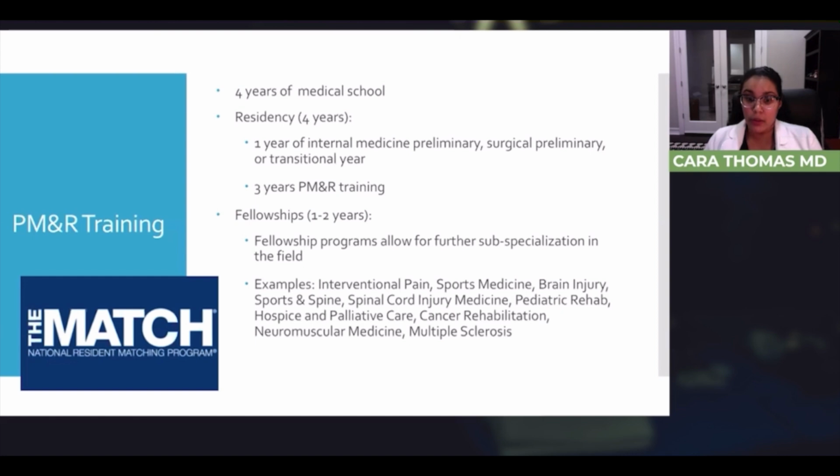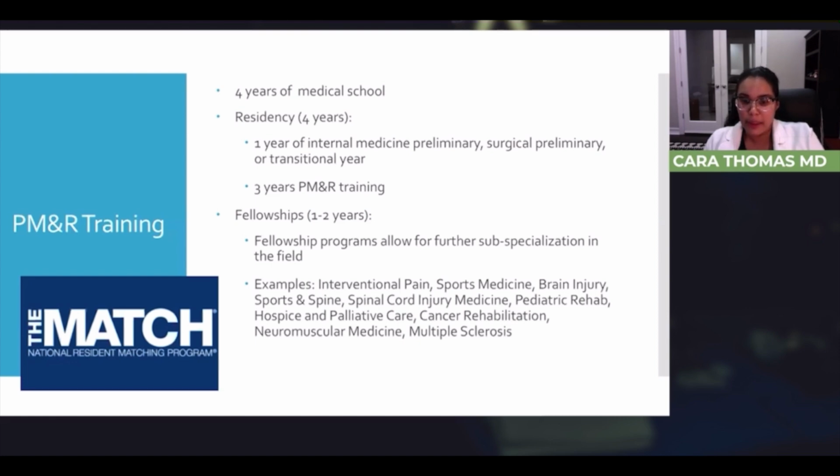You can do interventional pain management, which is either a PM&R program or a family medicine program, and some anesthesia programs actually accept PM&R students. You can do sports medicine, which emergency medicine programs as well as family medicine offer, but a lot of people really love sports medicine. There's brain injury.